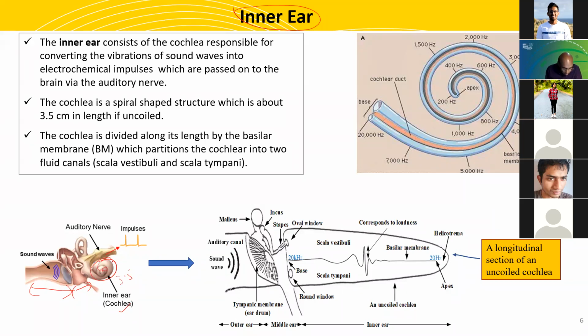If you uncoil it, it looks like this picture. So this is the auditory canal, this is the eardrum vibration, and that vibration is transmitted by that, and then this is the stapes.